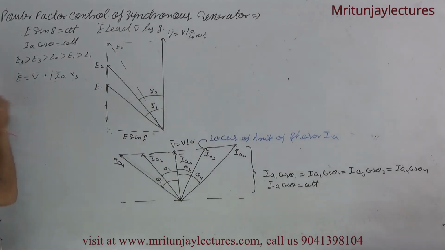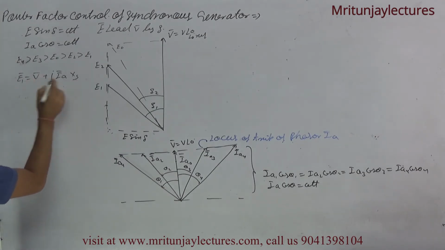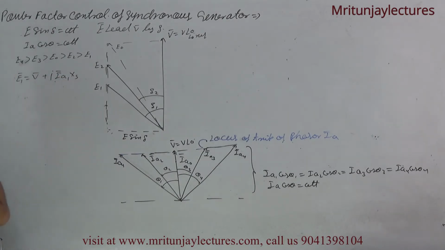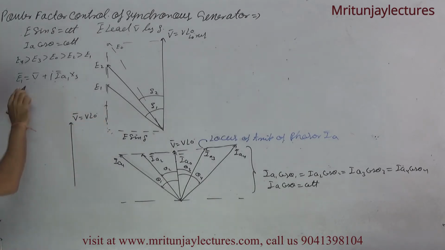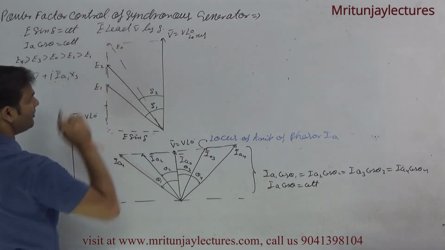Ra will be equal to 0, that's why it is written like this. Terminal voltage and X are constant, so if this is E1, then it corresponds to current Ia1. Okay, so first of all, how to draw the phasor? V will be equal to V at angle 0. E always leads V by how much angle?